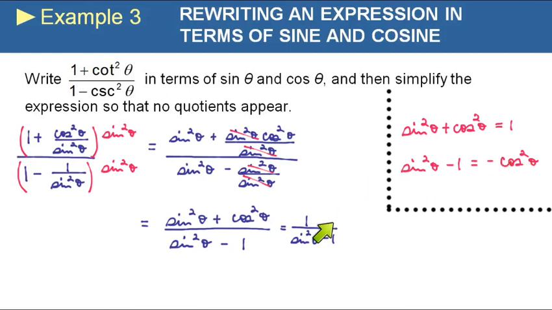So I can replace sine squared theta minus 1 with negative cosine squared theta. And then, in order to not leave it as a fraction, we'll use a reciprocal identity so that cosine in the bottom is equivalent to having secant in the top. It's negative, so it stays negative. And we have simplified this complicated expression down to just negative secant squared.